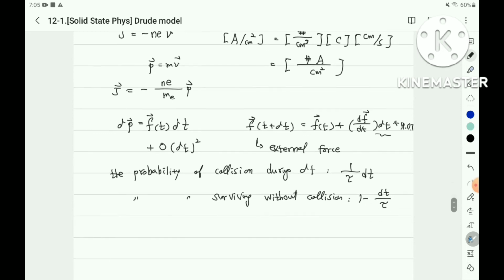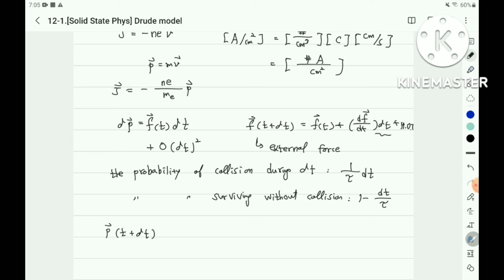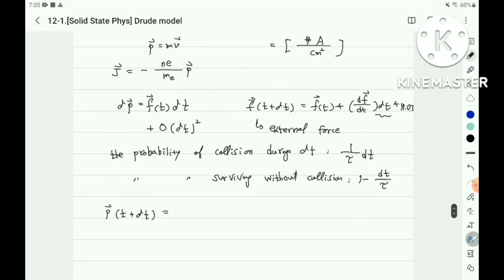Therefore, this momentum change at t plus delta t can be written down here, because the momentum increase can only be considered for the electrons without collision, and therefore it has the probability of no collision, 1 minus dt over tau. It is the probability of non-collision.